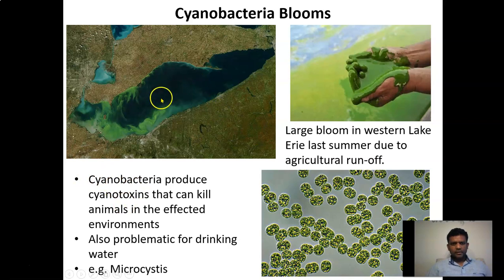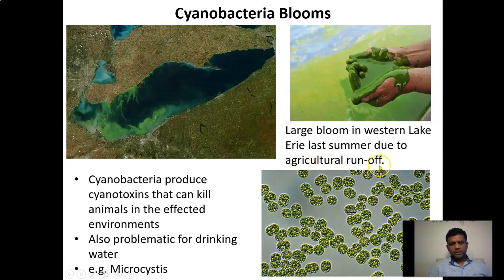This is Lake Erie, a satellite image, and you can see cyanobacterial blooms, where they grow like an outbreak. This is a large bloom in western Lake Erie a couple of summers ago, and this was triggered because of agricultural runoff.